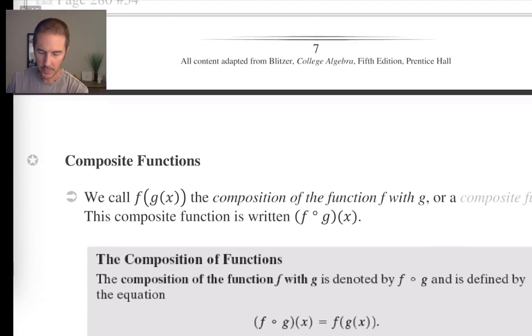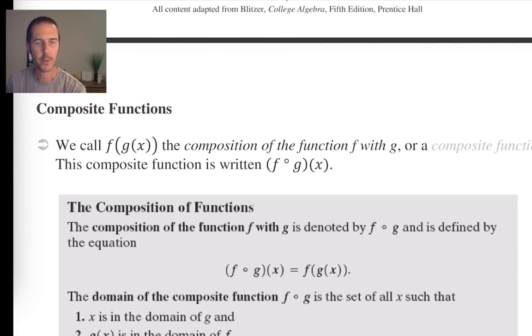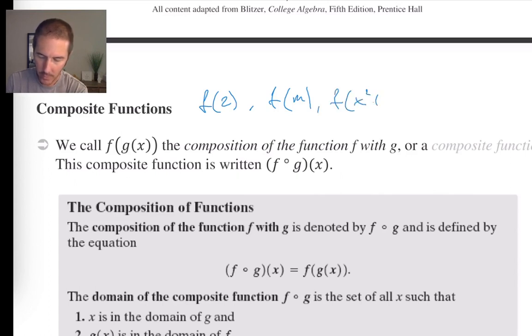The next property is considerably more unique, where we start building composite functions. Composite functions are where instead of taking a number like 2 and putting it into a function, or taking a variable like m and putting it into a function, instead we're going to take an expression like x squared plus 2x and put it into our function.